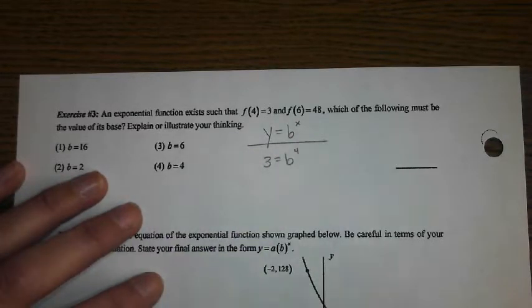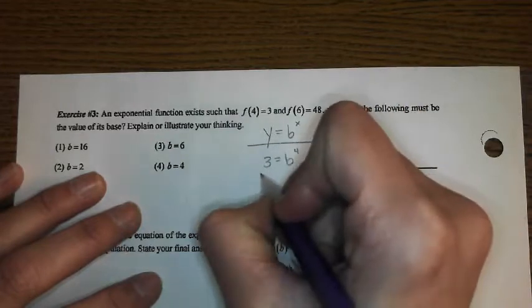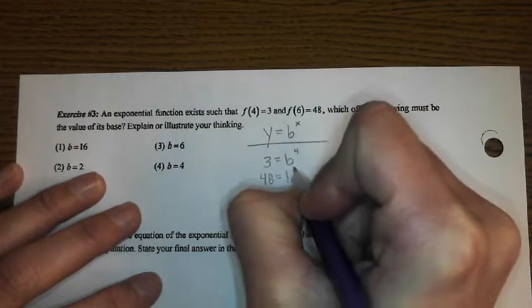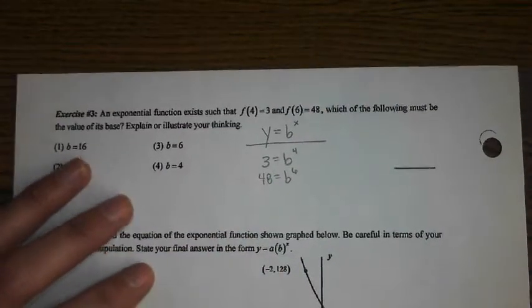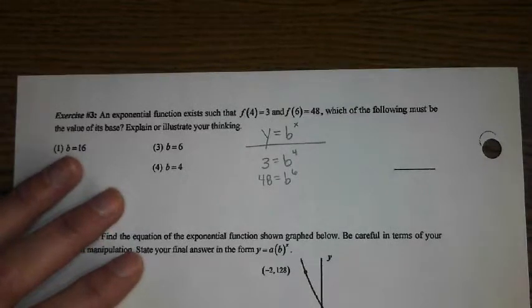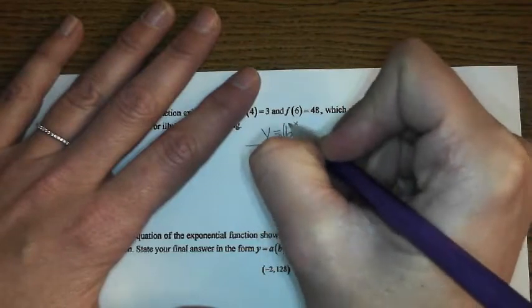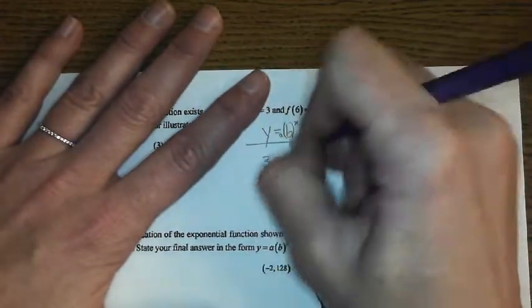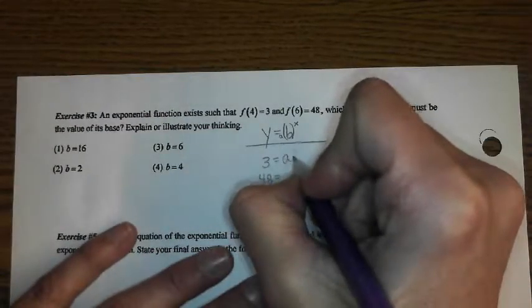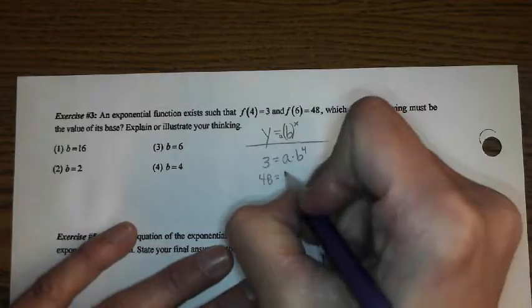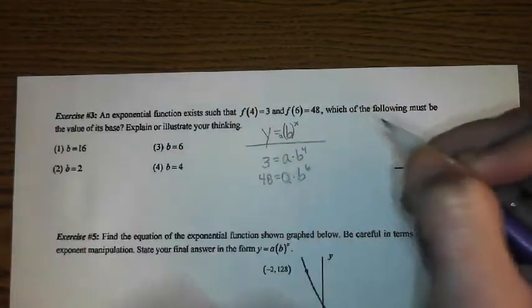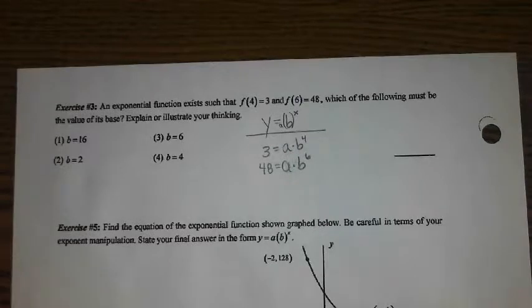And I'm going to plug in 648 for my other. Oh, I forgot my a. It's a times b to the x. Sorry. A times b to the 4th. And a times b to the 6th.